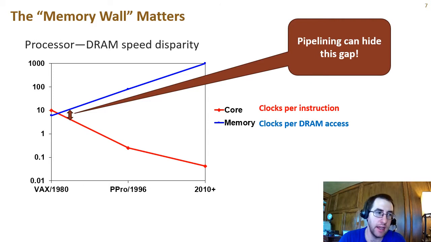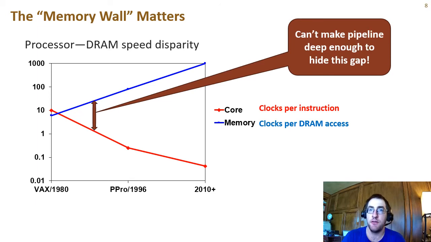You divide that up into multiple stages, and that keeps your processor kind of full, okay? And you can do this for both instruction fetches and for data accesses. Unfortunately, as the gap widens, you can't continue to deepen the pipeline enough to hide that gap.